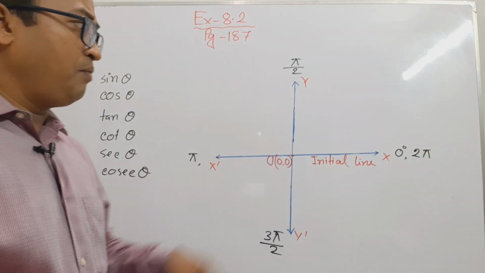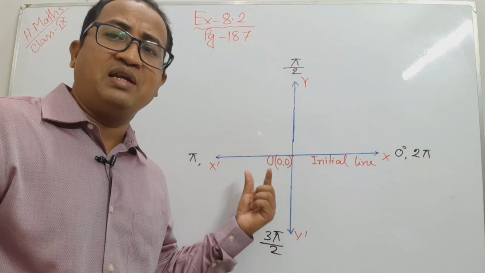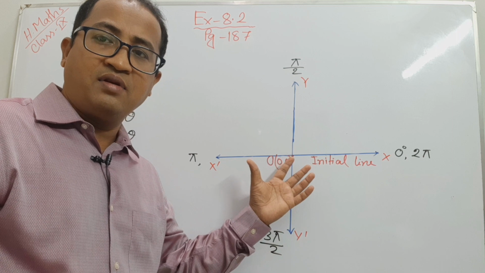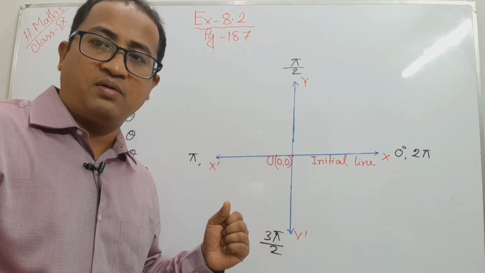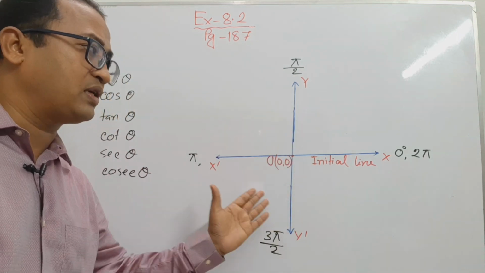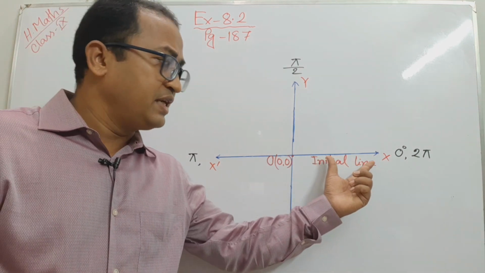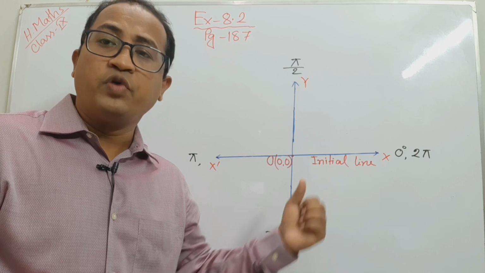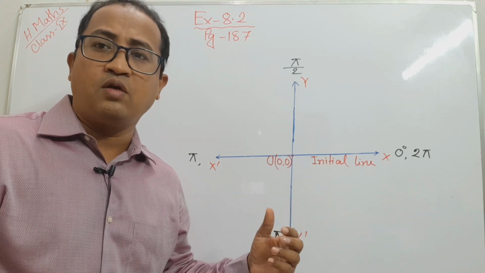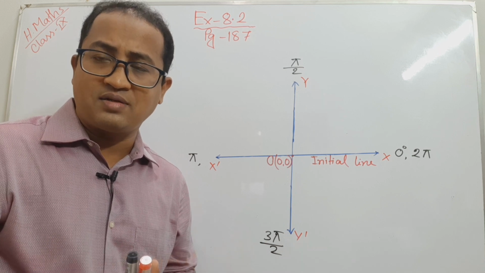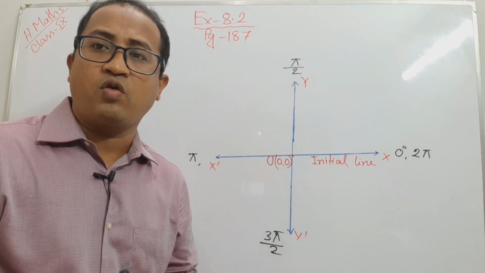Look, these two lines, I mean the x-axis and y-axis, divide this plane into 4 parts, and each part has its individual name. This is the initial line, and we know for the positive angle we should go anti-clockwise. Already you have learned this in exercise 8.1.